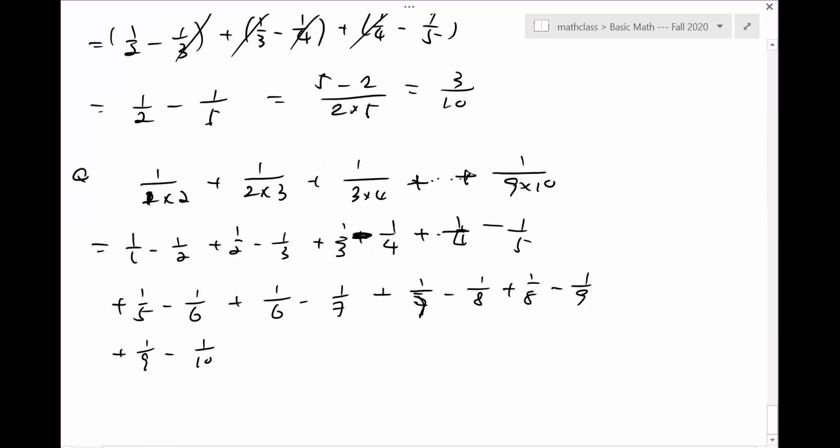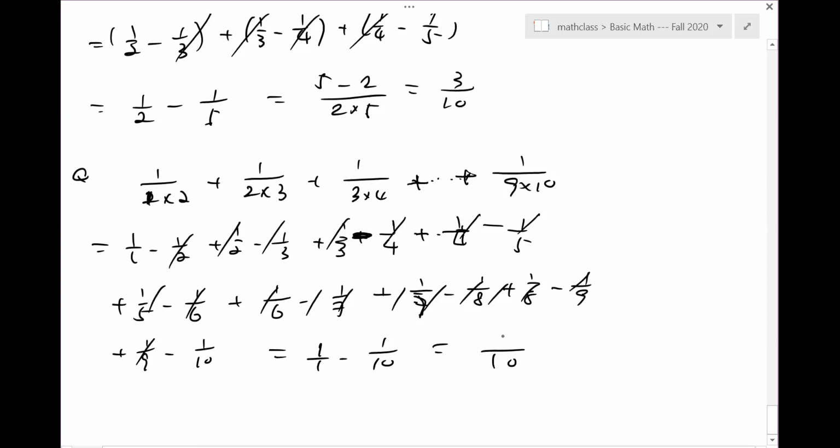So you have so many terms, but each term can be decomposed into two. But then you will cancel, oh, cancel. So they're all canceled out. So the only one you're left with is this, which is going to be 10 over 9.